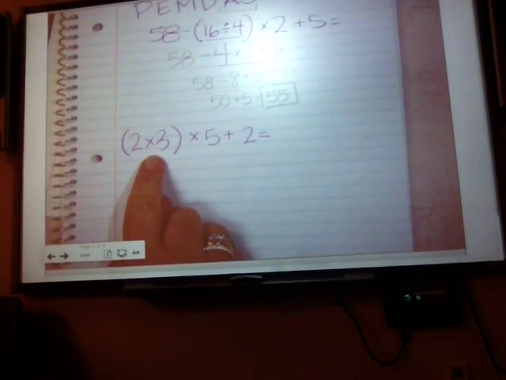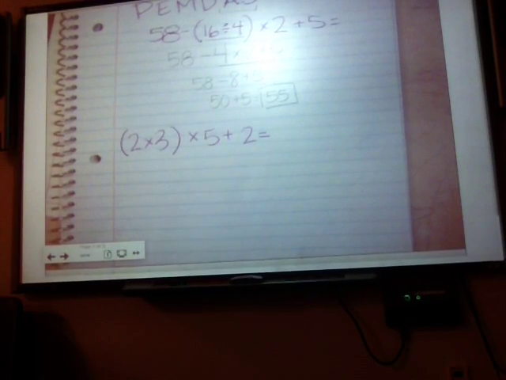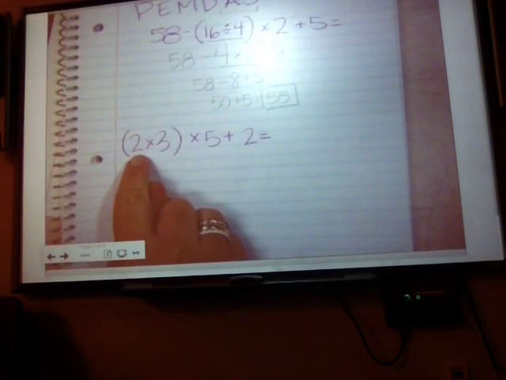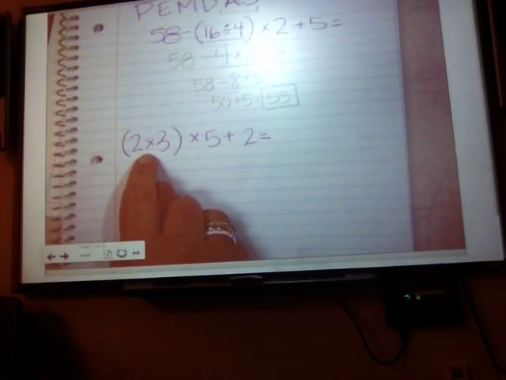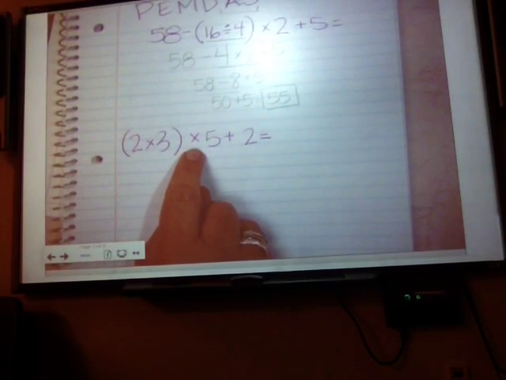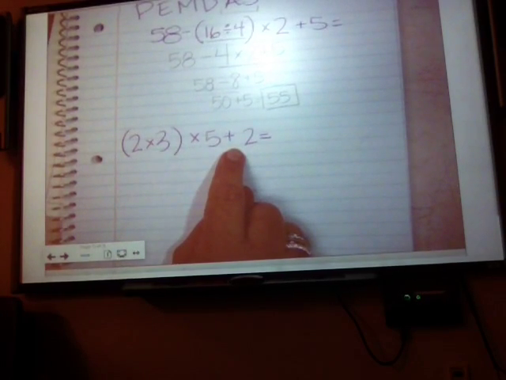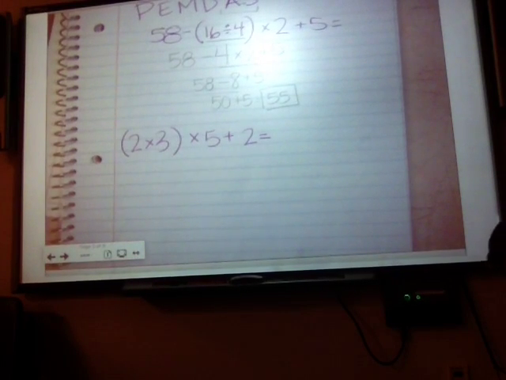For every book, I got 3 points reading. So I read 2 books a night, and I got 3 points for them. So 3 times 2 is 6. I did this for 5 nights, times 5, and then I got an additional 2 points because I was able to get it done. You see what I mean? I'm making multiple steps into one problem.